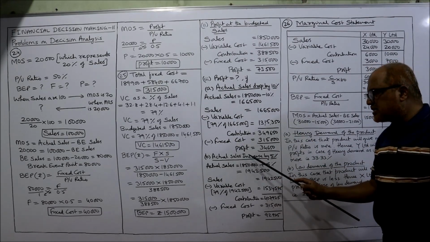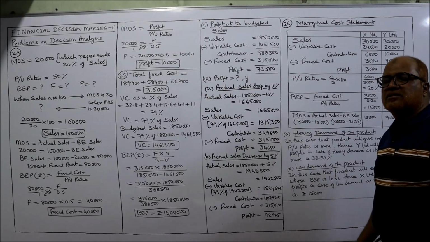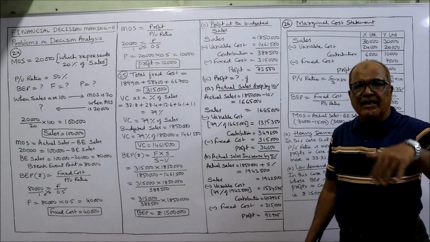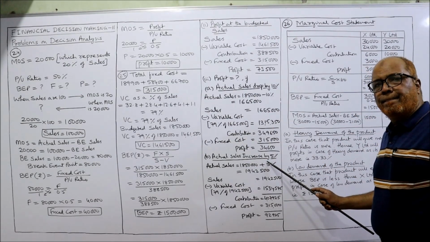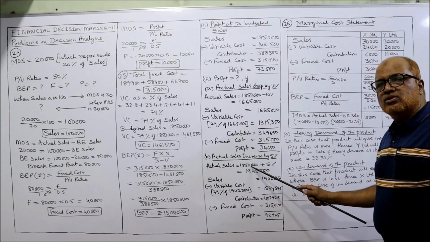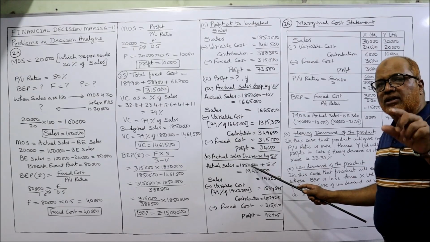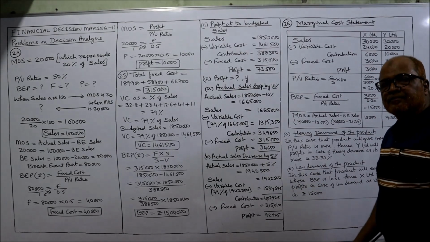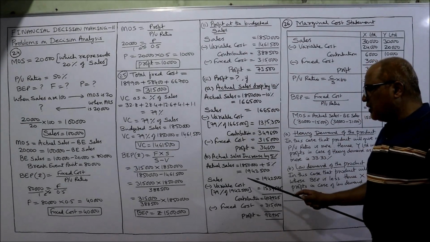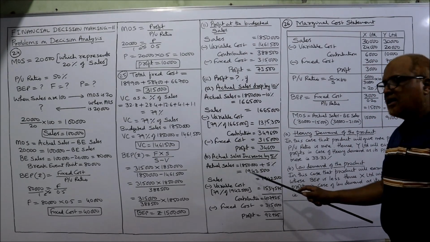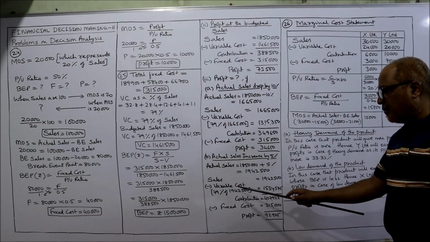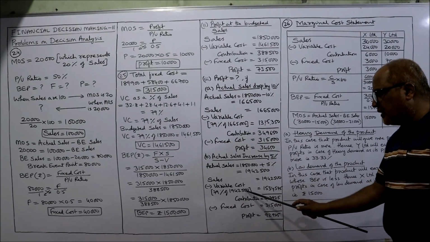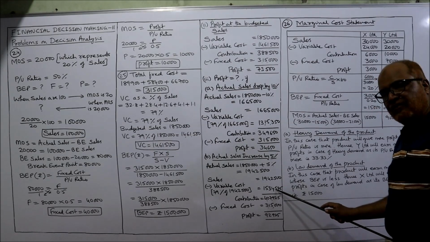Last, we have to find out the profit if actual sales are increased by 5%. So 18,50,000 into 5%, whatever you get, add it up, you will get 19,42,500. So sales 19,42,500 minus variable cost. 79% of 19,42,500, you will get 15,34,575.